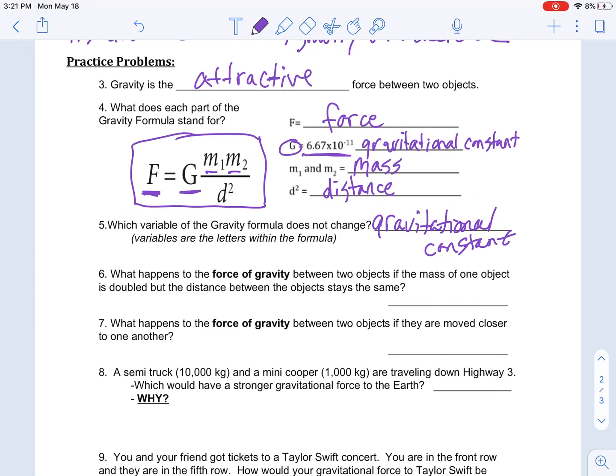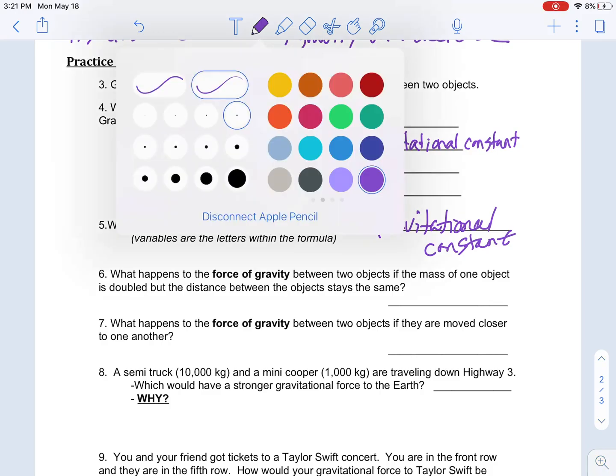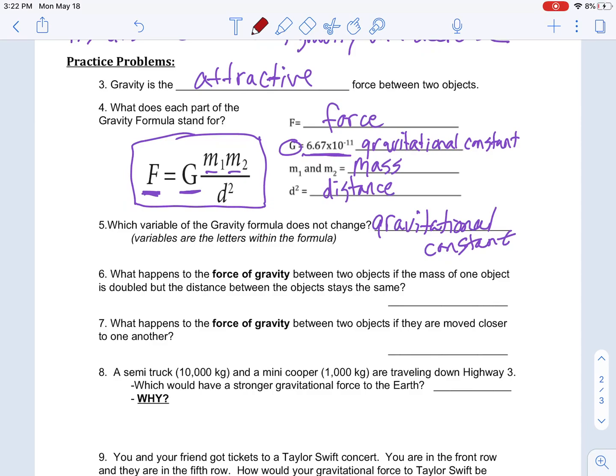Number 6, what happens to the force of gravity between two objects if the mass of one of the objects is doubled, but the distance between them stays the same? So if I look at my formula, if my distance stays the same, but one of the masses doubles, well, if I double one side of the equation, I have to double the other side of the equation, because that's what makes it an equation.